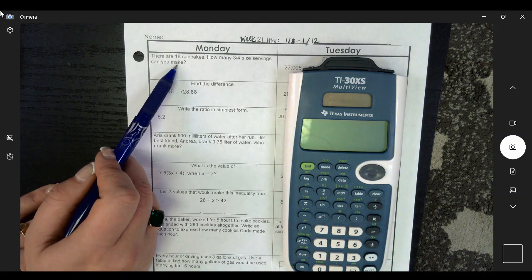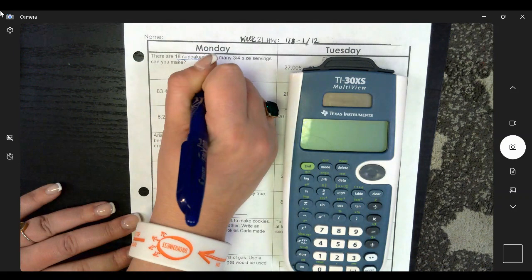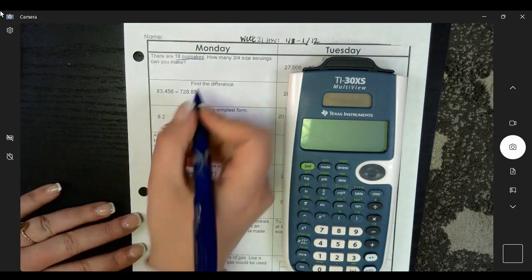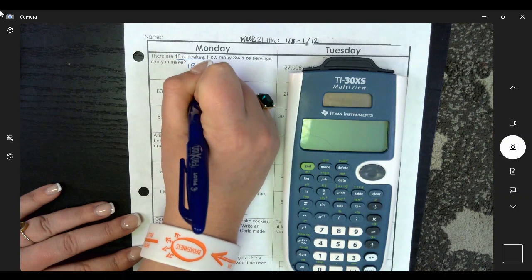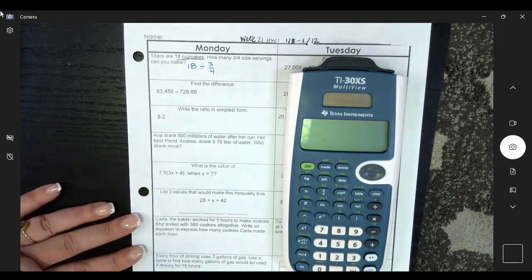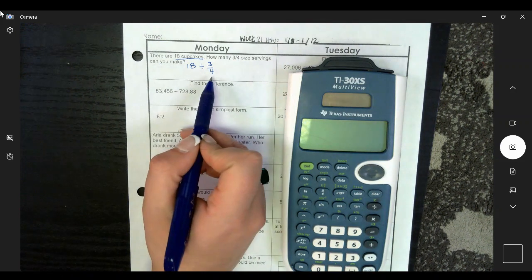Okay, if there are 18 cupcakes, that's what we have. We're taking that 18 cupcakes and we're dividing it into 3/4 servings. And so when you set up problems like that, you always start with what you have and then what size you're splitting it into.